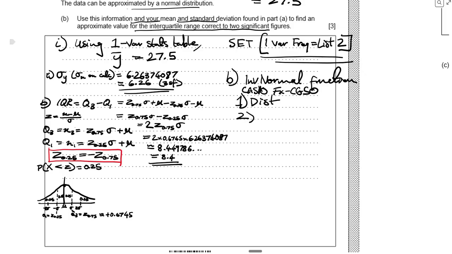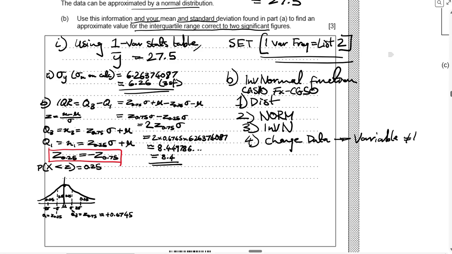Go to Distribution, then Norm for normal, and then 3, you go to Inverse Normal, and then 4, you change Data to Variable, not List. And number 5, you put Area equal to 0.25, and then check for 0.75.